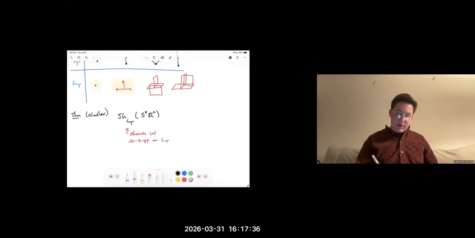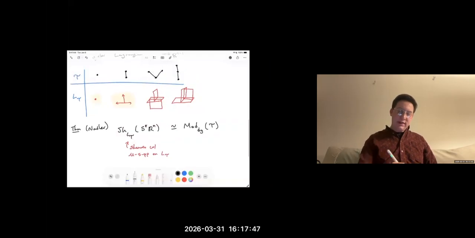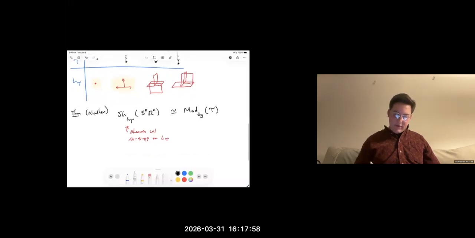In any case, the point that matters for me is that he showed this is equivalent to a derived DG category of modules over the rooted tree. The rooted tree can itself be thought of as directed, so then you can get diagrams of DG modules over this. And this is where I'm going to be focusing.